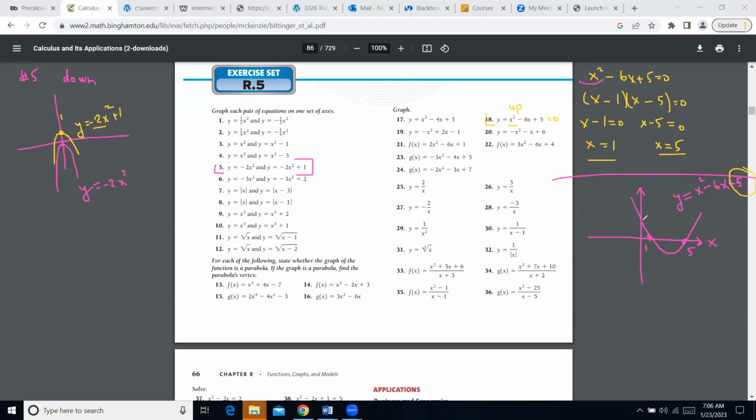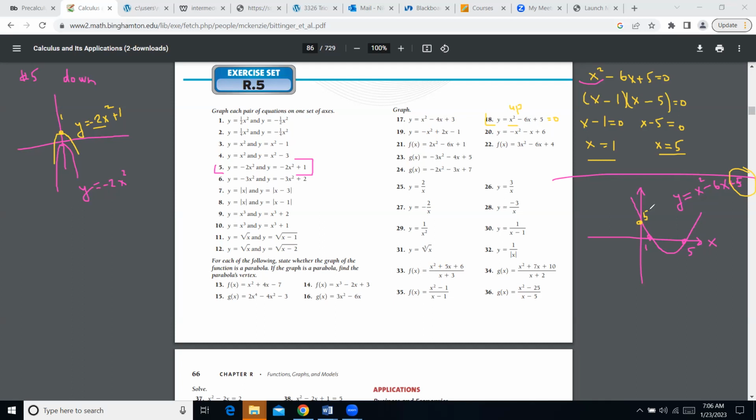So this 5 is going to be here on the y-axis. That's the so-called y-intercept. Whenever we have a so-called free term, whatever it is, it's the intersection with the y-axis. And that's good to know.